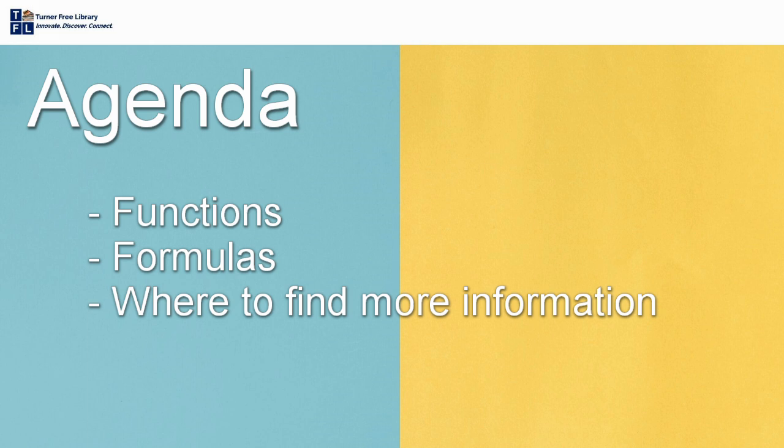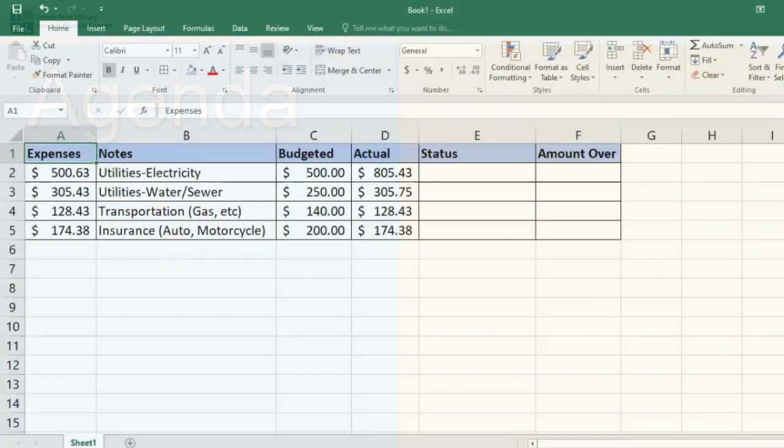Let's start with functions. In Excel, a function is a predefined formula that performs calculations using specific values in a particular order. In other words, it's like a pre-written math problem. You can, of course, write your own formulas, but functions can save us time when it comes to common types of equations, say adding or calculating an average.